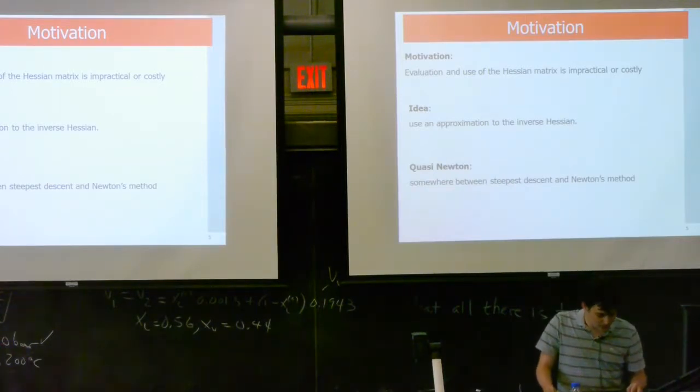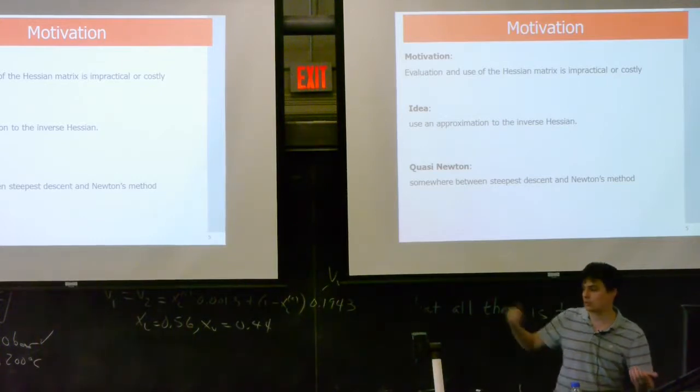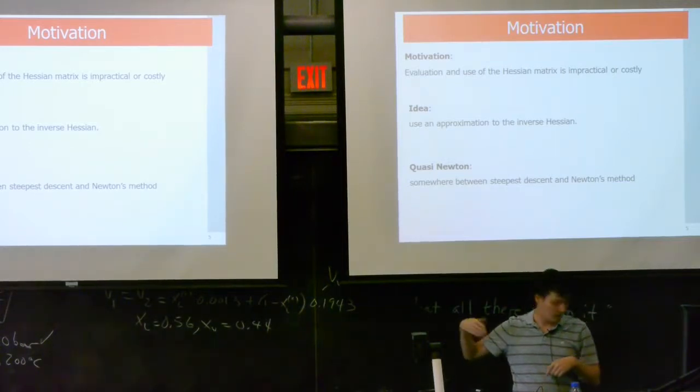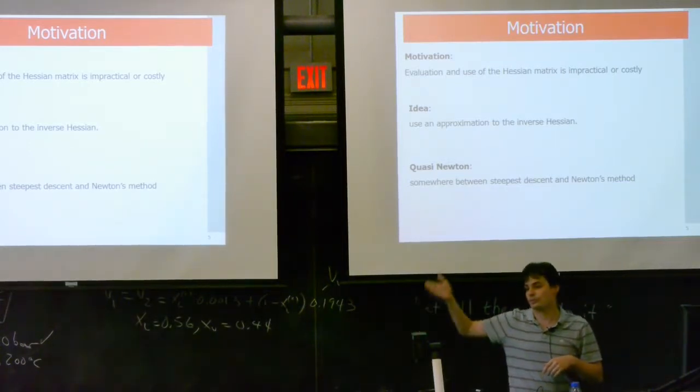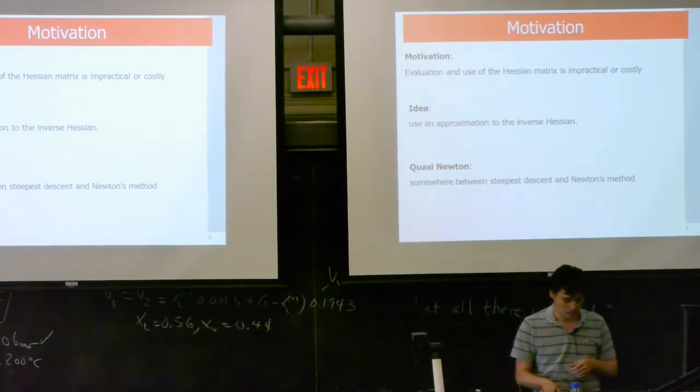We will see that Quasi-Newton methods are one way to do this approximation. These methods will be somewhere between steepest descent and Newton's method. In steepest descent, you don't need to do any approximation of the Hessian. In Newton's method, you need the exact Hessian, and Quasi-Newton will be somewhere between these two methods.